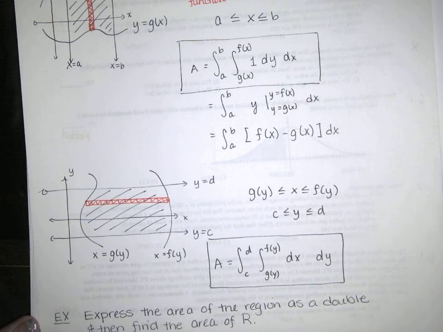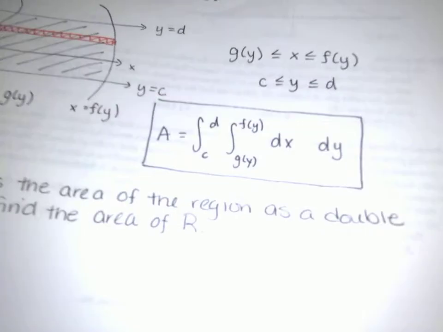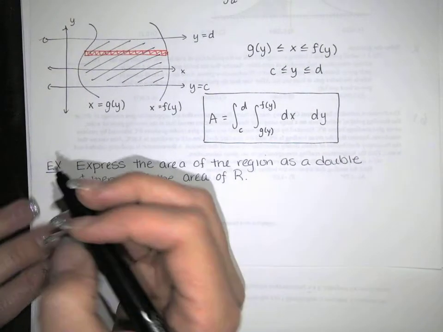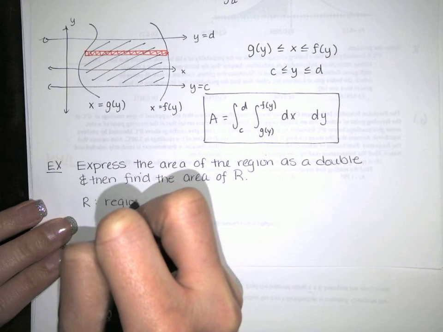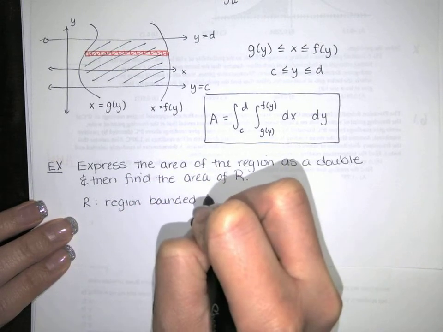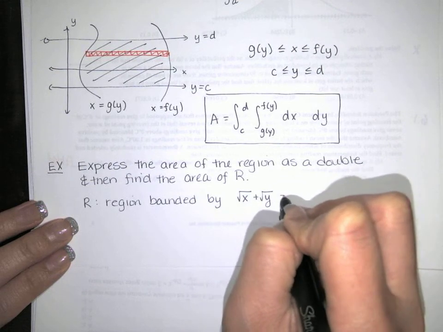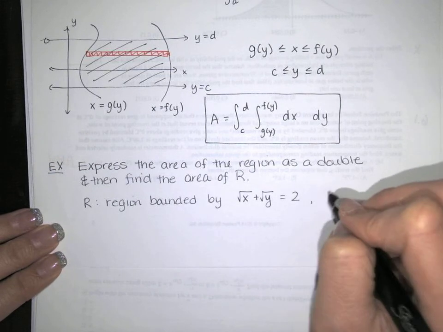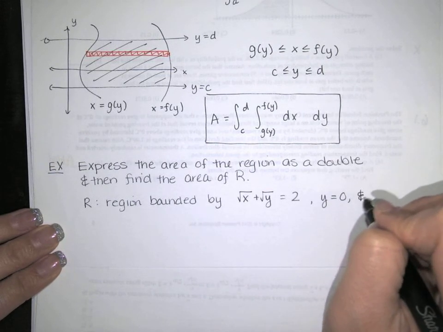I'm going to call my region R. Okay, so let's say R is the region bounded by these curves. Square root of x plus square root of y equals 2. Y equals 0. And x equals 0.